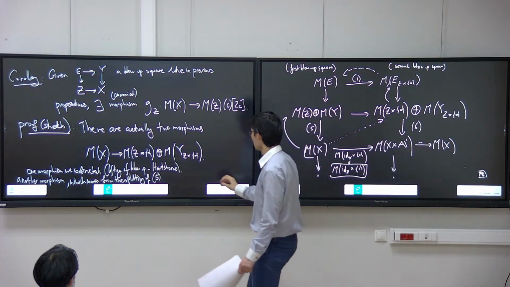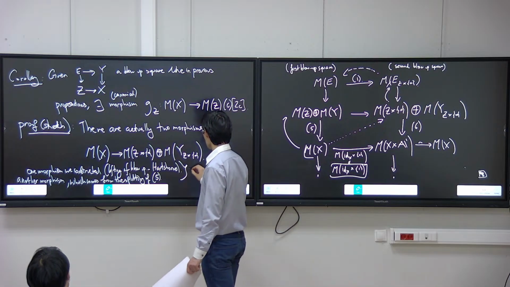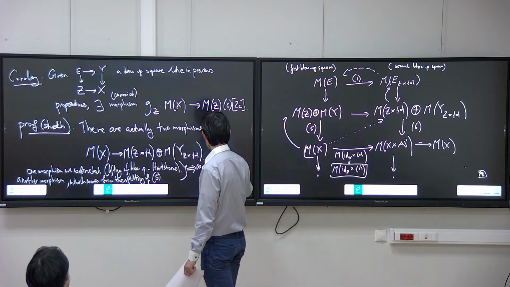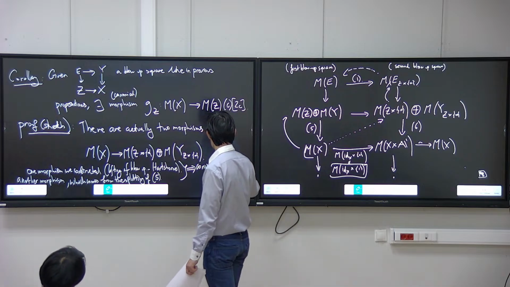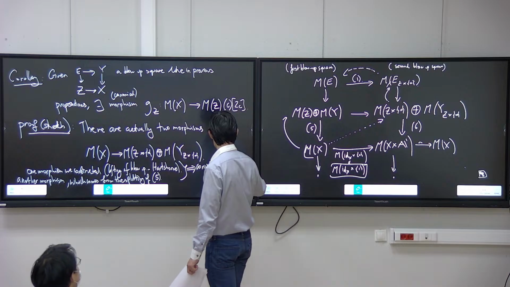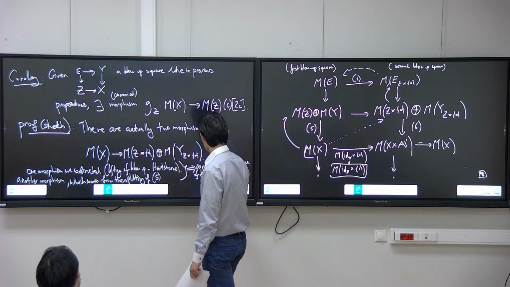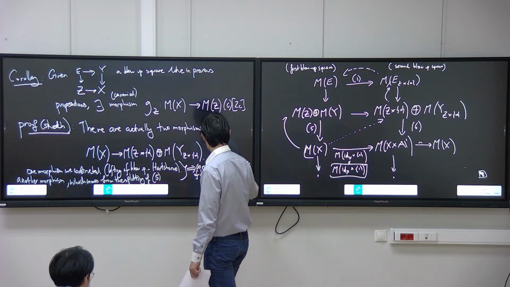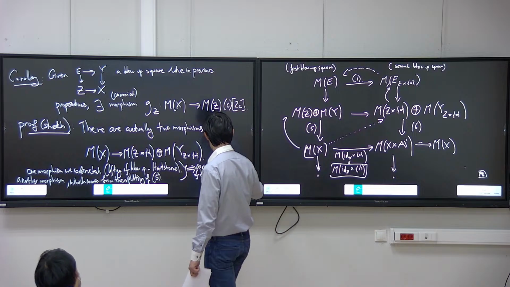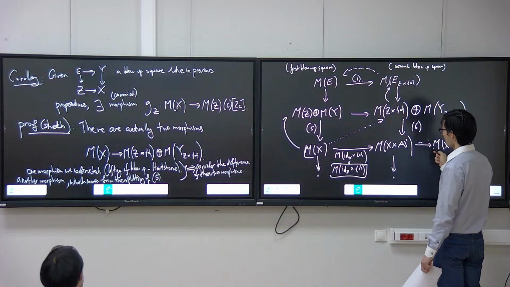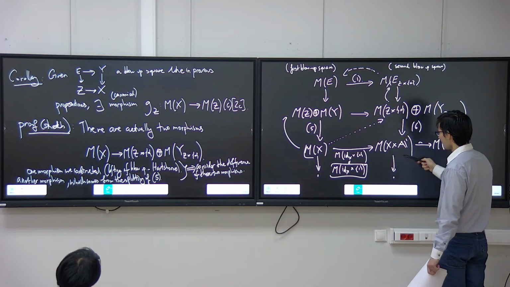But in any case, we can consider the difference of these two morphisms. And the difference is certainly 0 on this target here.